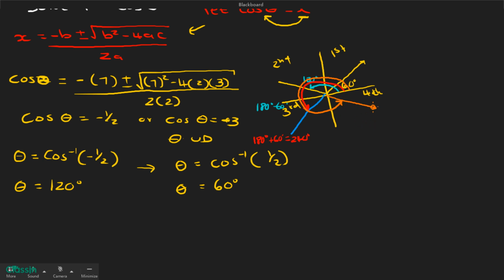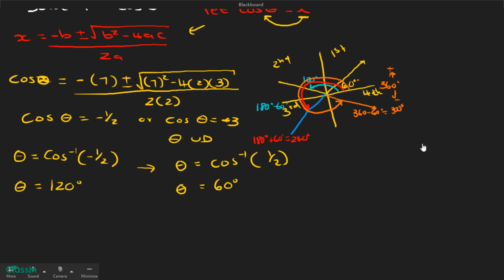Here we've got 360, but when we go this direction we subtract, and when we go that direction we add. So 360 degrees minus the smallest acute angle gives 300 degrees.